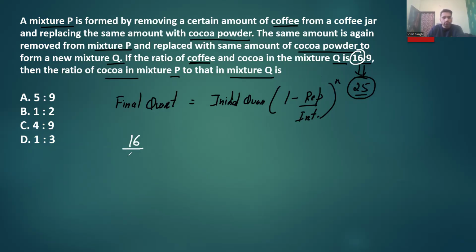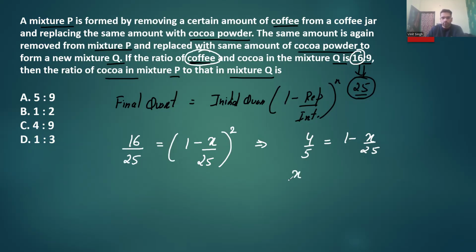Initial is 25. Now in the initial, the coffee is 25. 1 minus replace, how much replaced is x, and initial is 25. How many times is the cocoa powder replaced? 2 times. So here we will get 4 by 5 is equal to (1 minus x by 25).